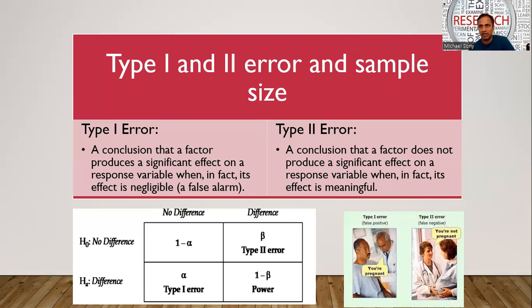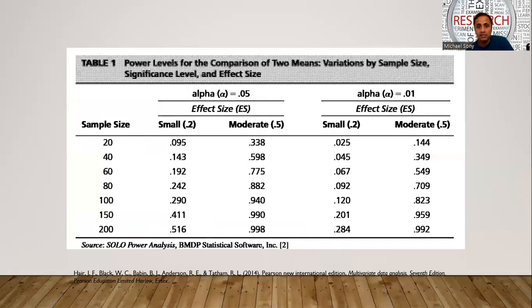Usually the power of a test should be around 80%. That means 80% of the time it should detect a difference when there is a difference, and a 20% error is acceptable. This is quite important when we are studying the differences between groups.